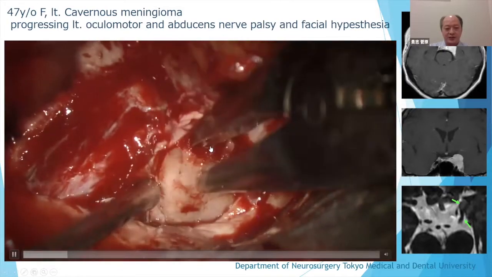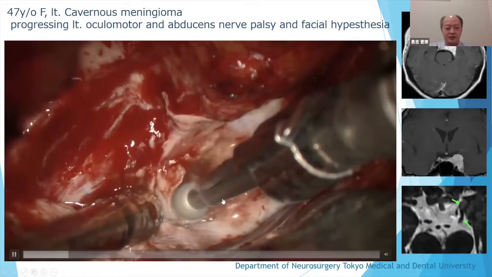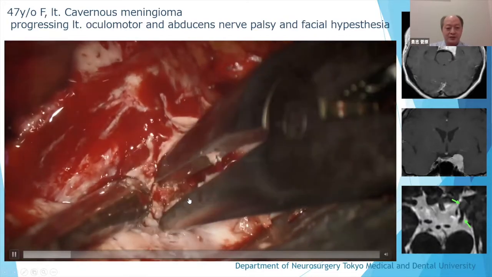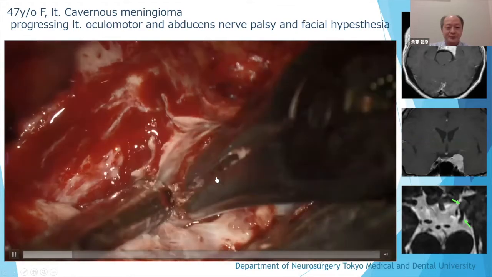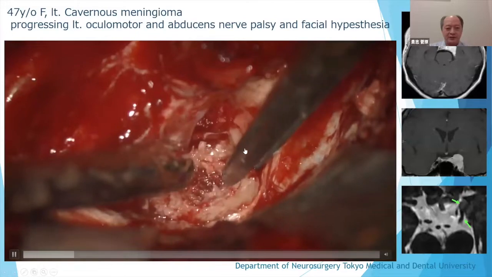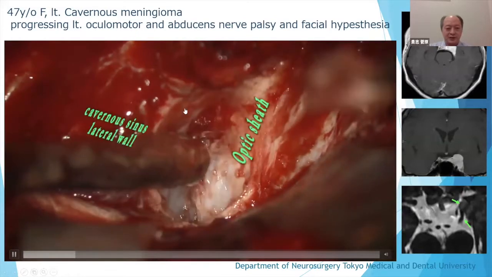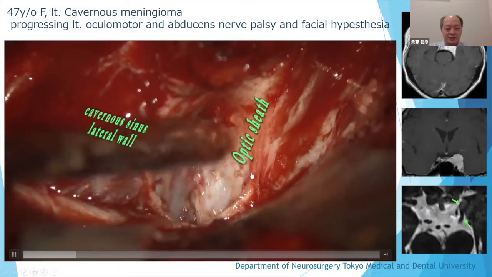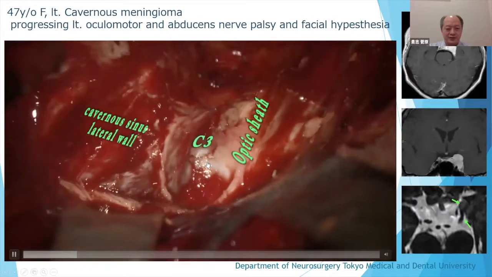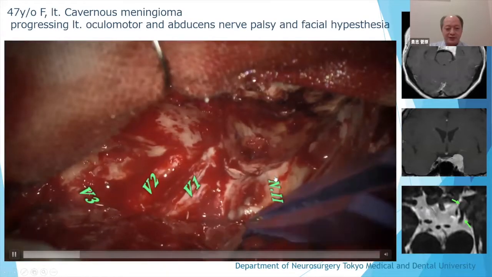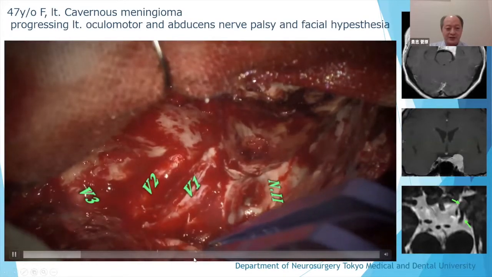Usually I use a rongeur or drill to make it as small as possible. But we have to take care about the optic nerve here and the third nerve here, not to damage them. And here you can see the optic sheath and V1, V2, V3 here.